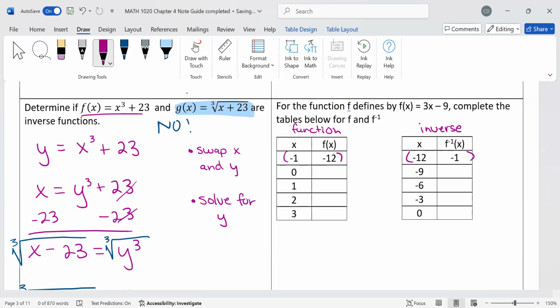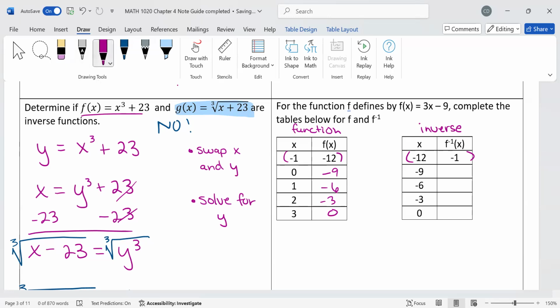So if this x is 0, the corresponding y is the -9, because this is the x of the inverse, so it's the y of the original function. So that's going to be -6, -3, and 0. This is the easiest way to do this.